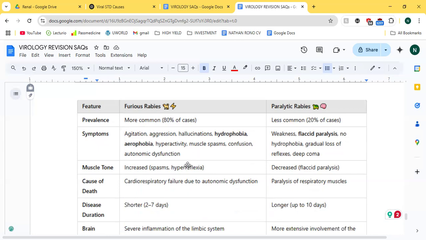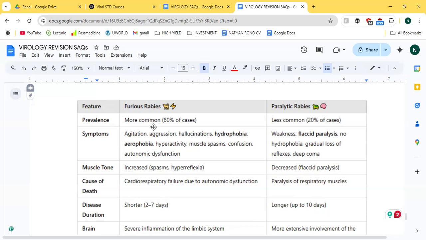Reflexes are like, for example, the knee jerk reflex. When I hit your patellar tendon, your knee is supposed to jerk. In them it's going to jerk in an exaggerated fashion, and that's what we call hyperreflexia. But in paralytic rabies, they're having paralysis, so definitely the muscle tone will be decreased.